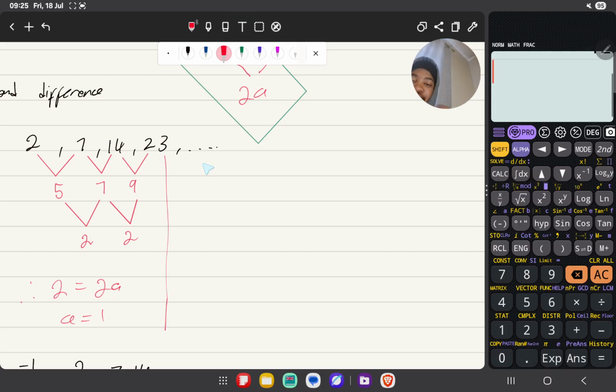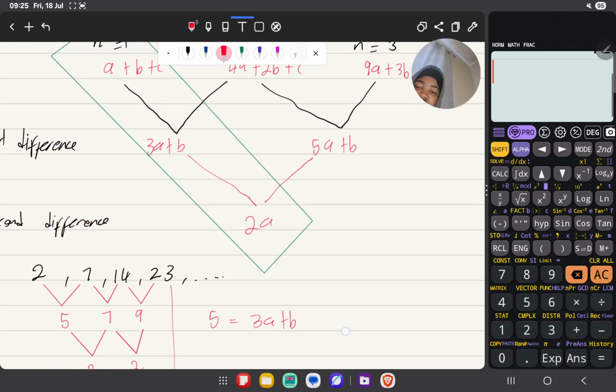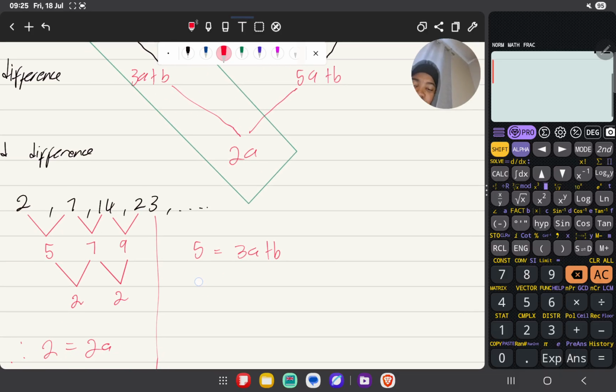After that we go here and say 5 equals 3a plus b. So you have 5 equals 3 into 1 plus b. 5 minus 3, therefore b is equal to 2.